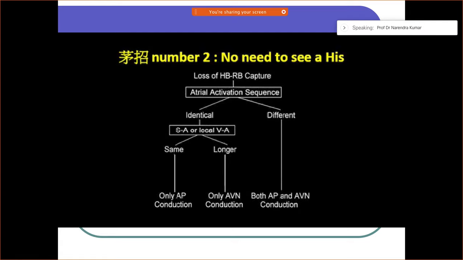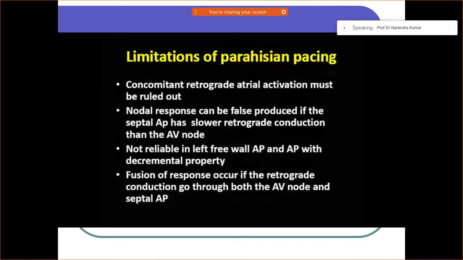Again look at the atrial activation sequence. Is it different? If it is different, both the accessory pathway and AV nodal conduction are present. Similarly, if it is identical, look at the septal A or the local VA interval. If it is the same, only accessory pathway conduction is there. If it is longer, only AV nodal conduction is there, in fact.